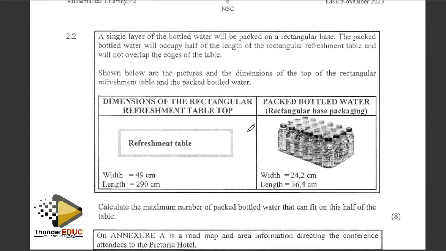A single layer of bottled water will be packed on the rectangular base. The packed bottled water will occupy half of the length of the rectangular refreshment table and will not overlap the edges of the table. That means it won't reach the edges of the table. So here we go.